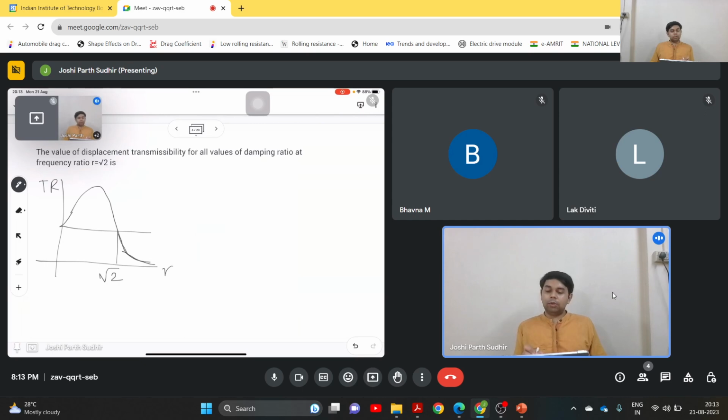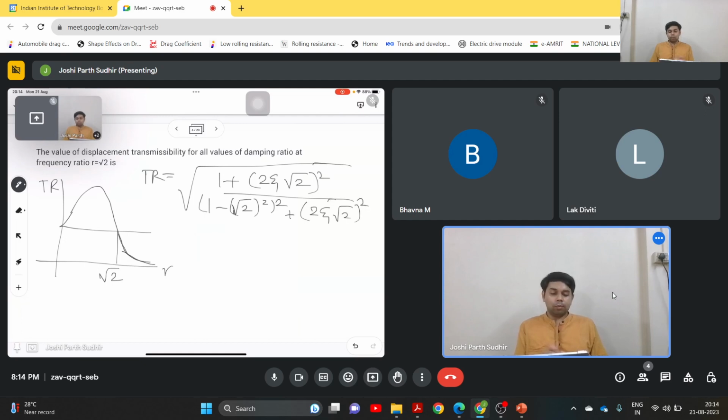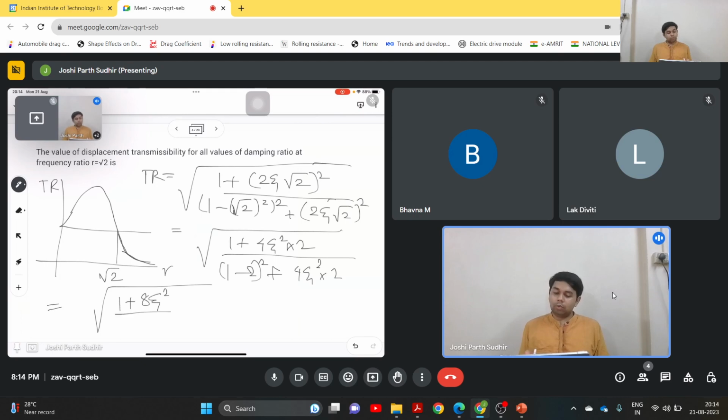If we substitute R equal to root 2 in the transmissibility ratio expression, we will get root of 1 plus 4 zeta square into 2, upon 1 minus 2 whole square plus 4 zeta square into 2, which is equal to root of 1 plus 8 zeta square upon root of 1 plus 8 zeta square, which is equal to 1.